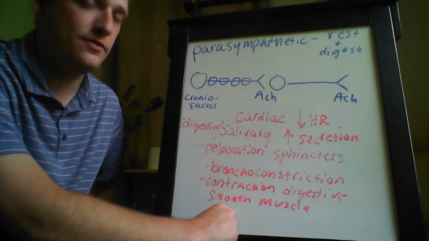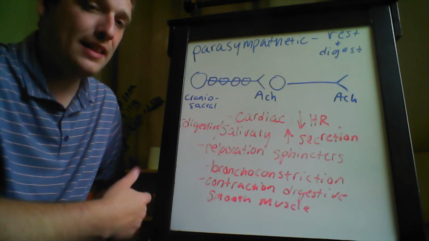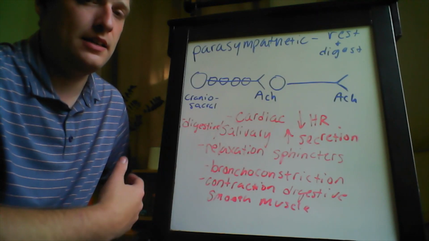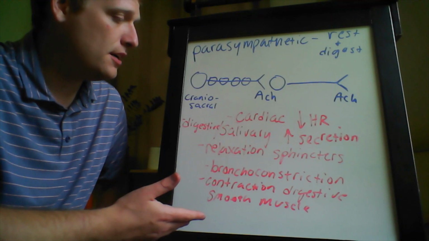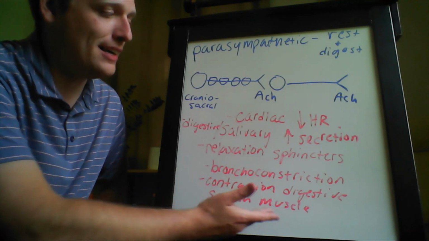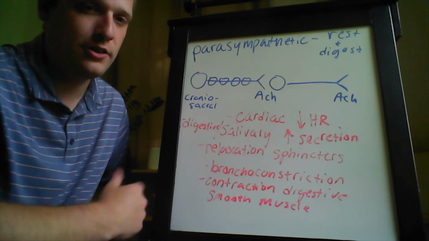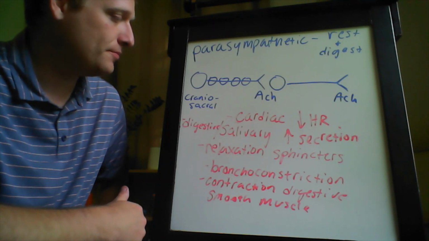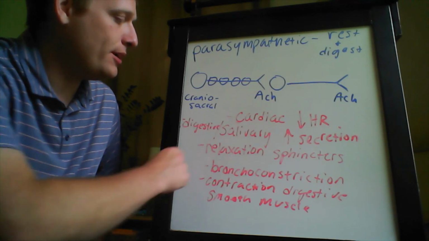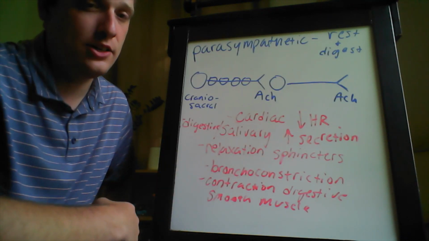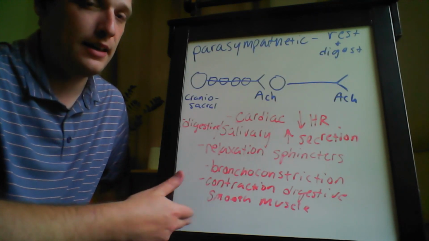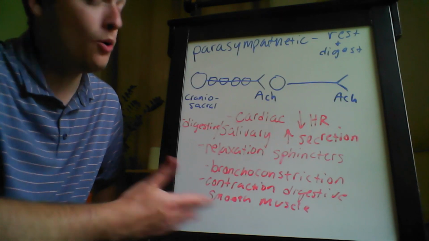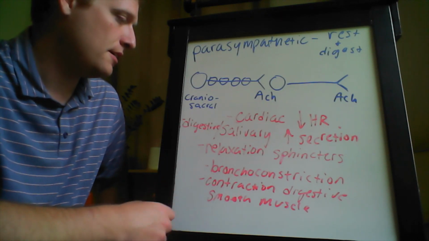as well as contraction of digestive smooth muscle. We saw that inhibited in the sympathetic nervous system, whereas in rest and digest, you want to contract that digestive smooth muscle to increase the rate of digestion. You also get relaxation of those urinary and digestive sphincters, which allow you to use the bathroom, something you don't want to be doing during a fight, for sure.